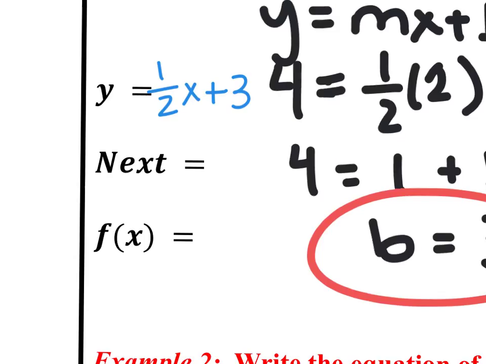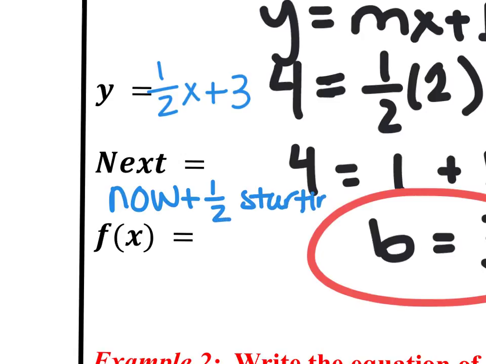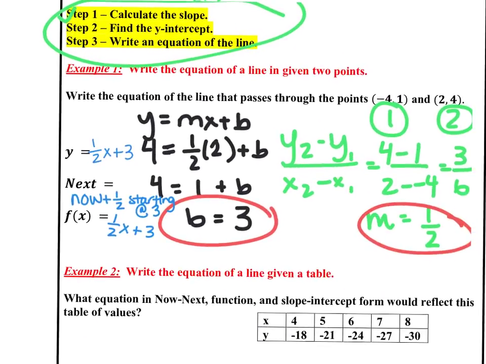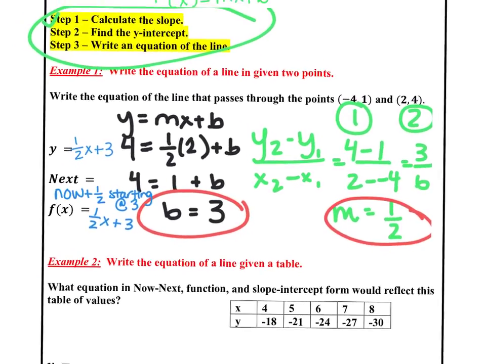Next now, I have next equals now plus my slope, which was 1/2, starting at my y-intercept, which was 3, so starting at 3. And the last one, f of x, would be the same as your y equals one, except that the y is different. So f of x equals 1/2 x plus 3. Sorry, that's messy. I wrote a little too big, but those are your 3 forms.